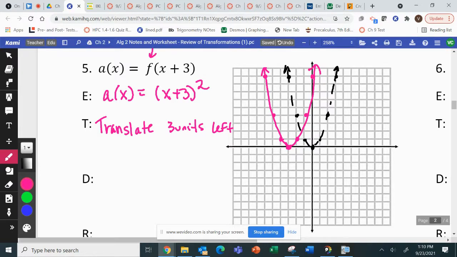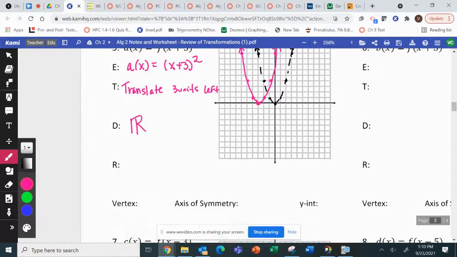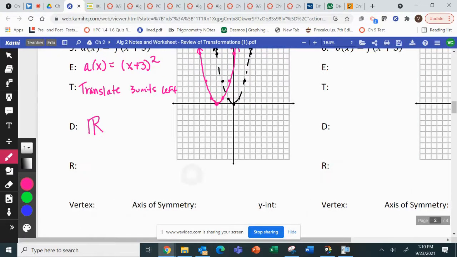Okay. Domain. All real numbers. I wonder if that's the same always. Range. Yanzi, what do you think the range is? Yeah, good. Y is greater than or equal to 0.